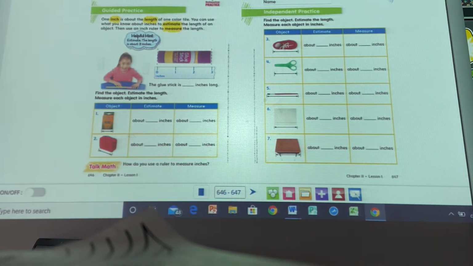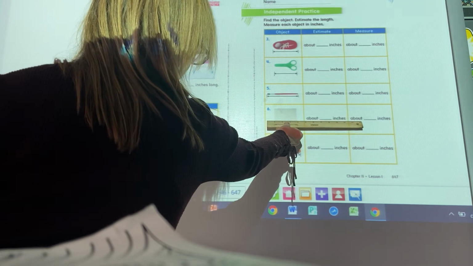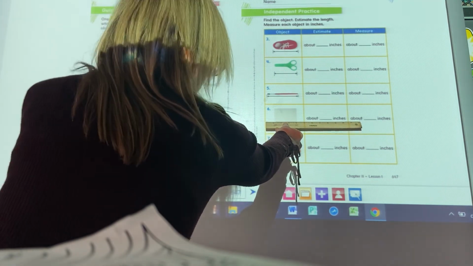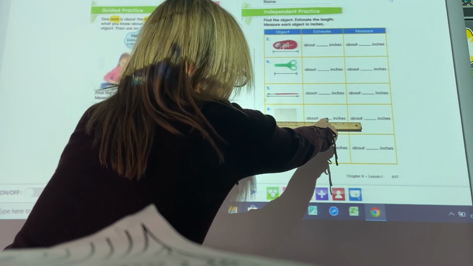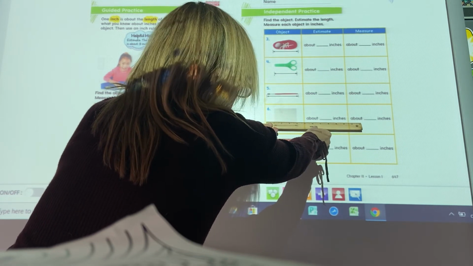Now, when you measure things, you're going to find that they're not always exactly 4 inches or 5 inches. So just go to the closest inch. Okay, if it's closer to 5, you say 5. All right. So here I have 5 inches, and then if I were measuring both of the boxes, it's actually 10.5 inches.